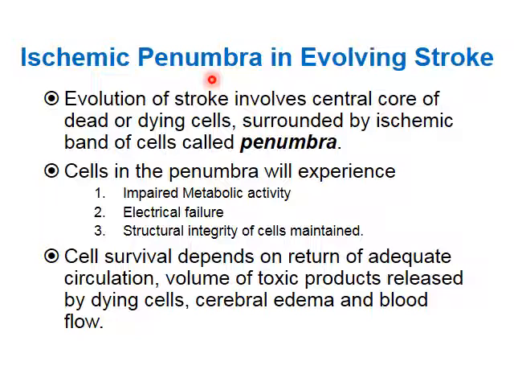So as I said, the evolution of that stroke revolves around that central core, the bullseye, which has lost tissue. You've had a stroke, that tissue in the center is going to die. It didn't get any blood flow. Then there are cells around it.